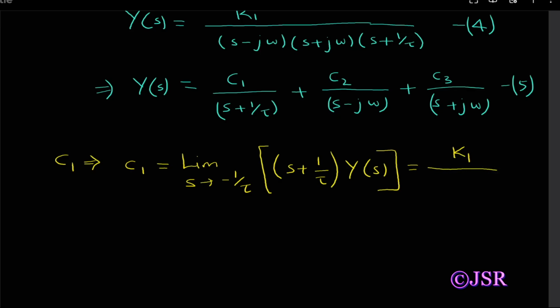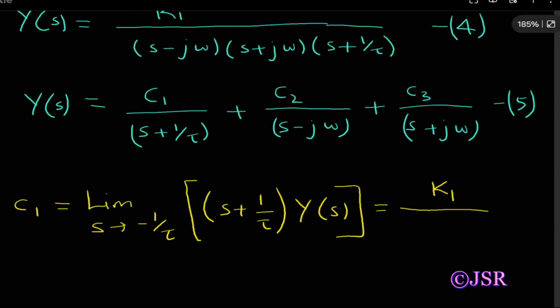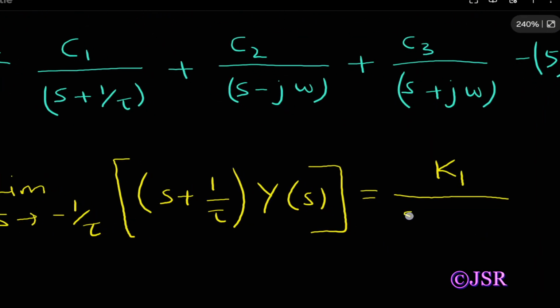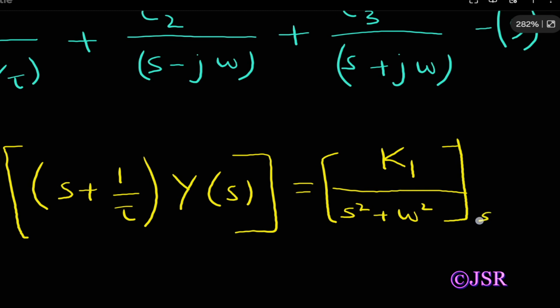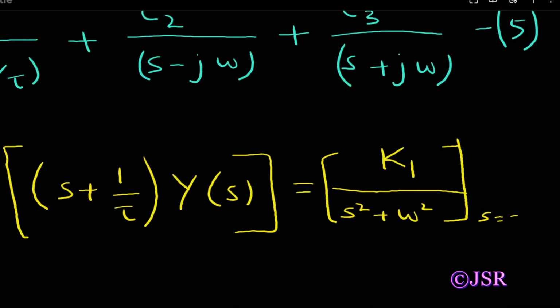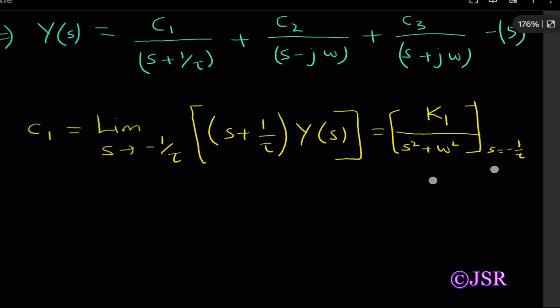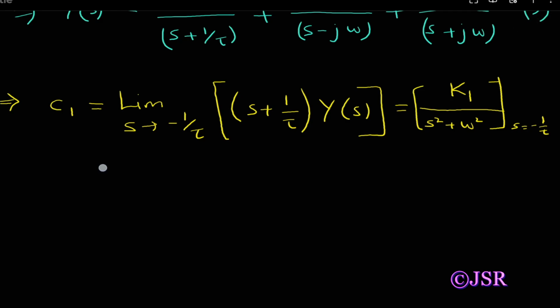So finally here we will get K1 upon s square plus omega square at s equal to minus 1 by tau.